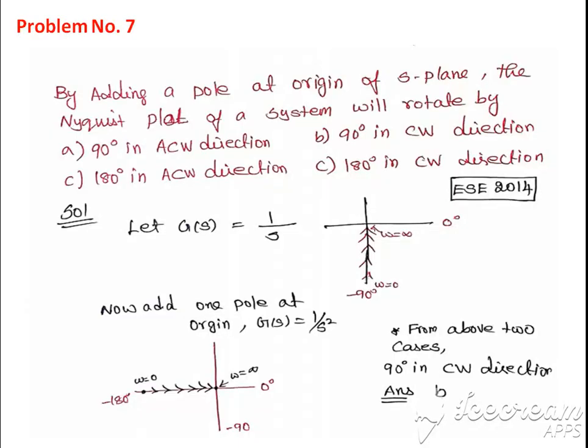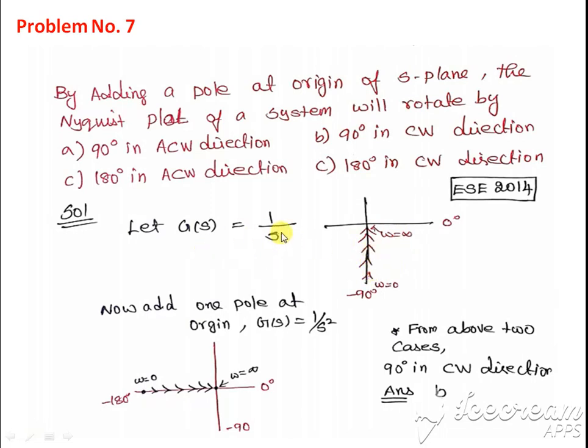Last problem: by adding a pole at the origin of the s plane, the Nyquist plot of the system will rotate by 90 degrees anticlockwise, 90 degrees clockwise, 180 degrees anticlockwise, or 180 degrees clockwise. We already studied this in previous polar plot lecture videos. Due to the addition of poles, the polar plot shifts clockwise by 90 degrees.